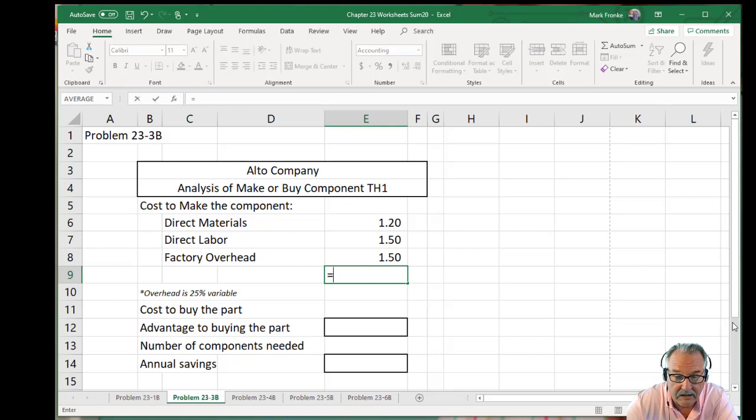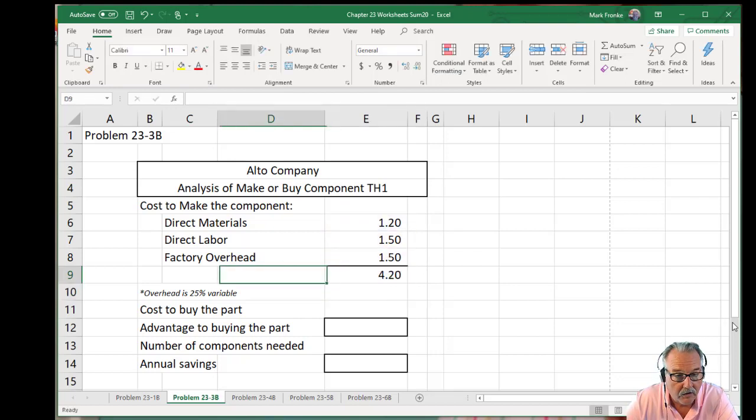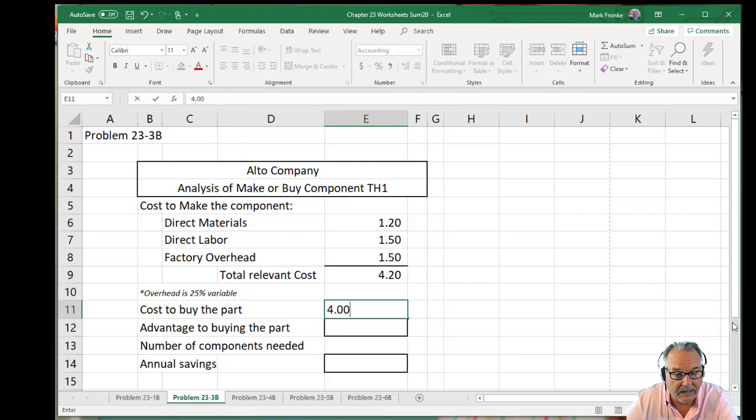So we're taking into account our variable costs. Our total relevant cost is $4.20. It costs us $4 to buy the part, so there's an advantage of 20 cents per part to just go ahead and buy it.